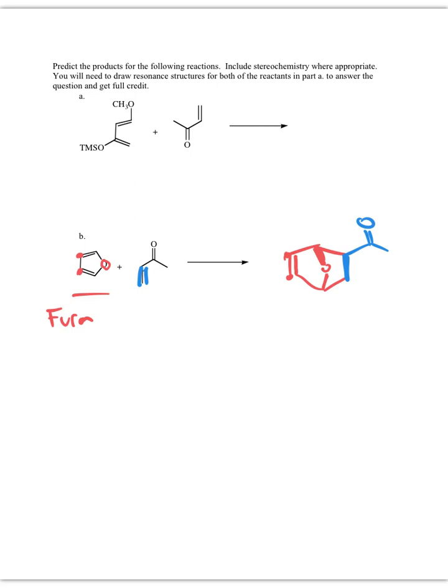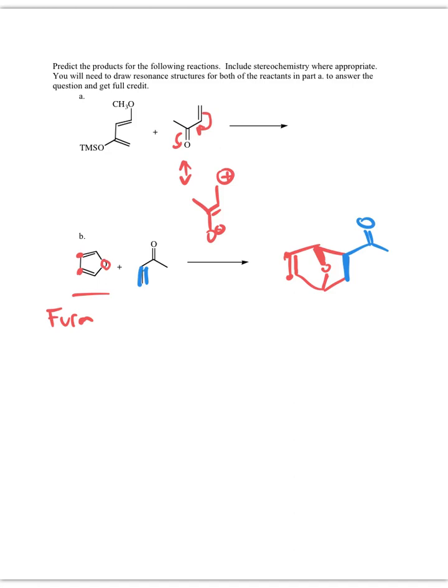If we look up here on the top, we can draw a resonance structure for the dienophile and send the electrons up to the oxygen, and we get a positive on the carbon, negative on the oxygen.